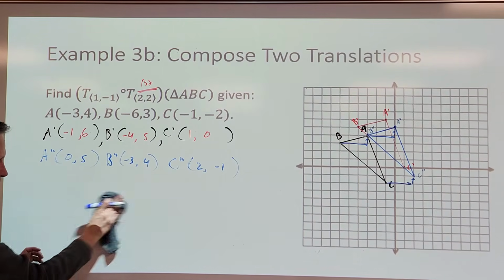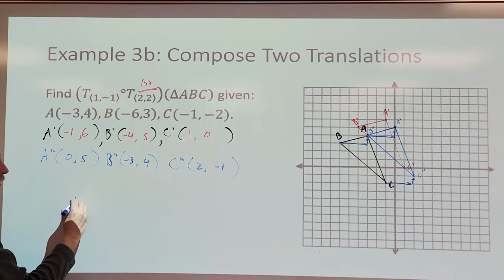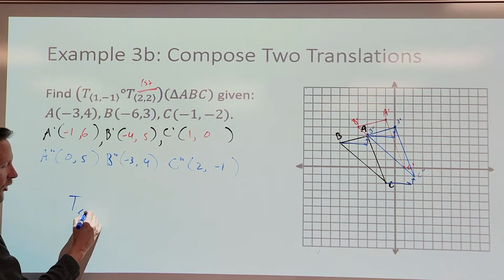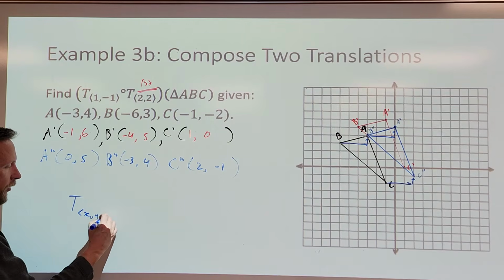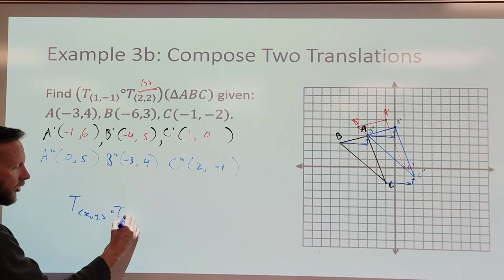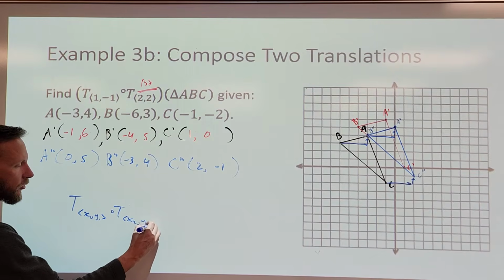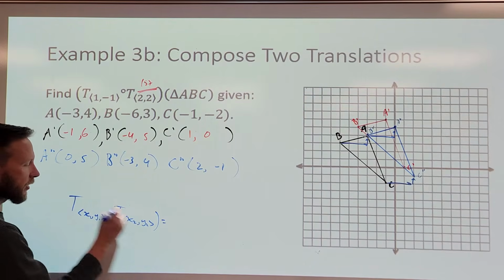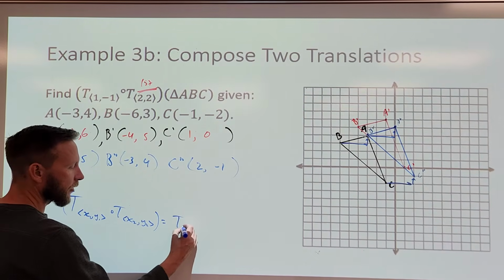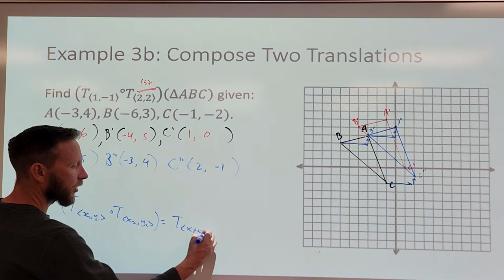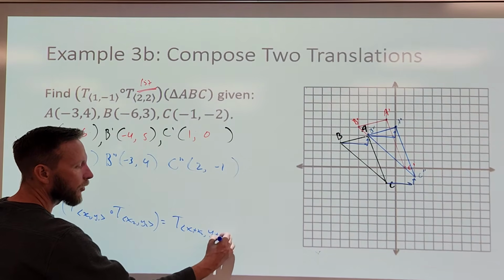All right, so maybe we can have a rule here where a translation (x1, y1) of a translation (x2, y2) is equal to a translation (x1 plus x2, y1 plus y2).